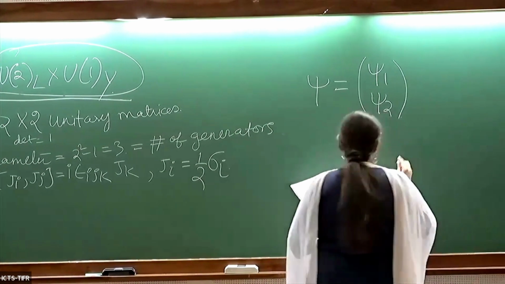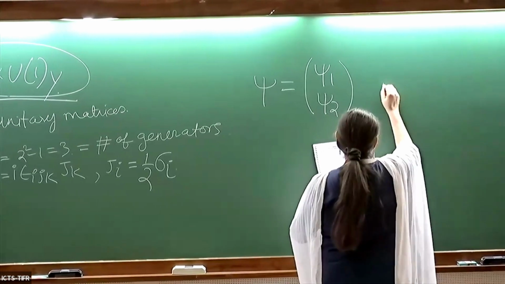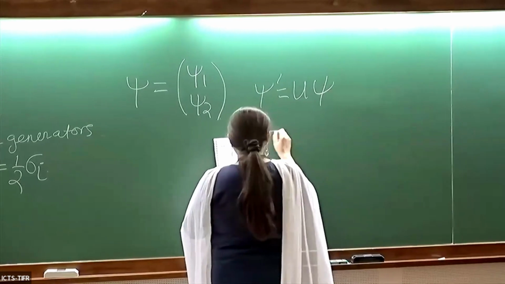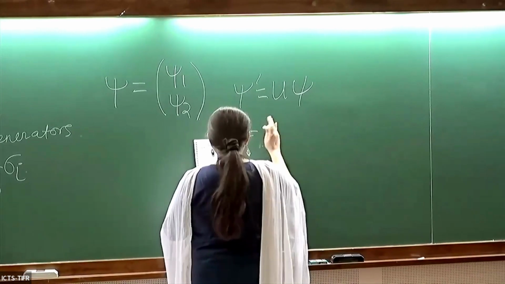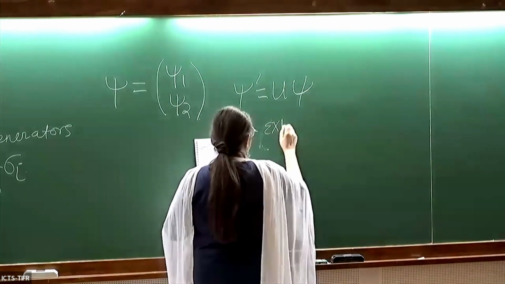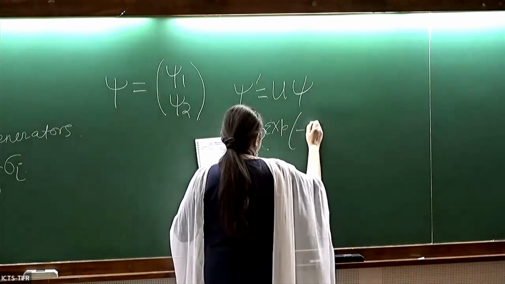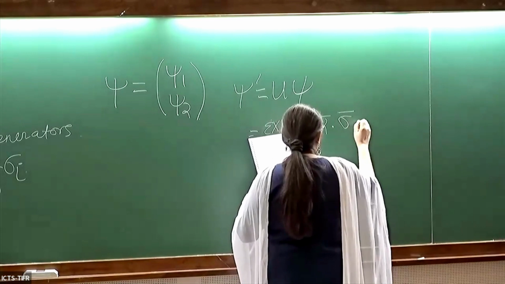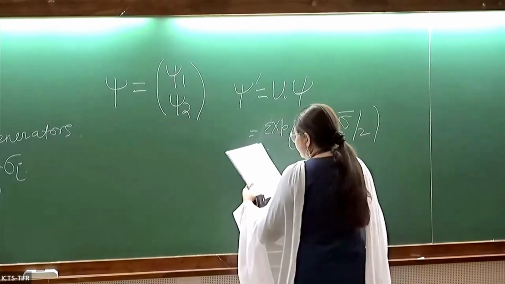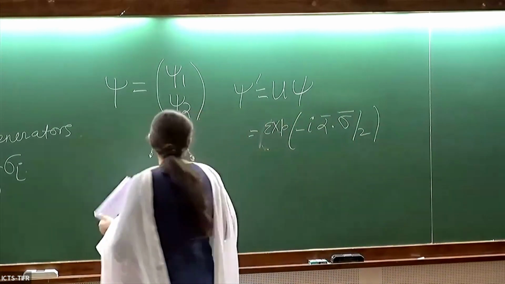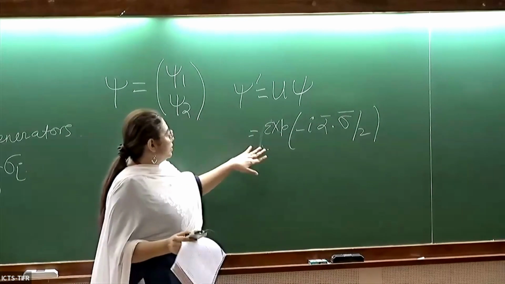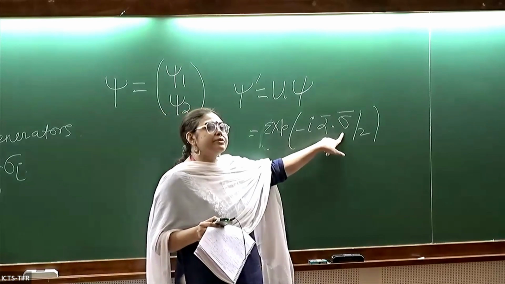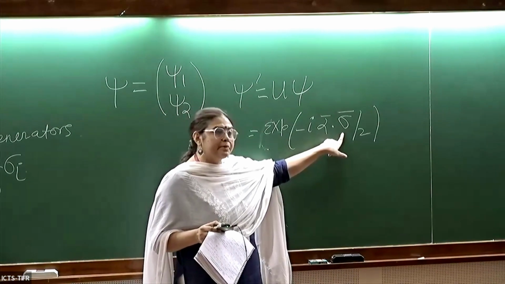Also, you should remember that they transform as this, where U is exponential of i alpha, some parameter, times sigma by 2. So for the fundamental representation, the representation matrices are the SU(2) generators themselves.